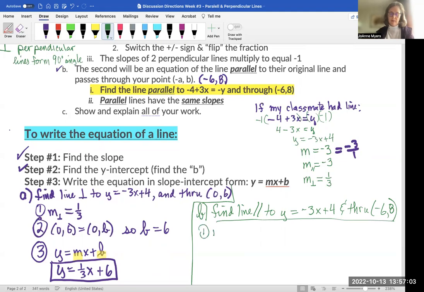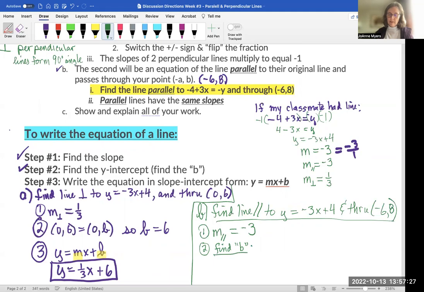So step 1, the slope that's parallel is going to be a slope that's the same, so it's negative 3. Step 2, find the b. In this case, they didn't give me the y-intercept, so my b is not obvious.